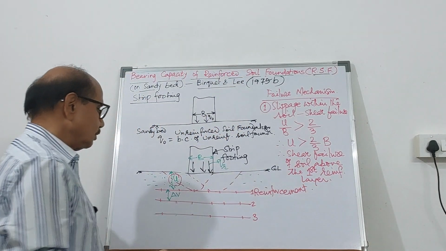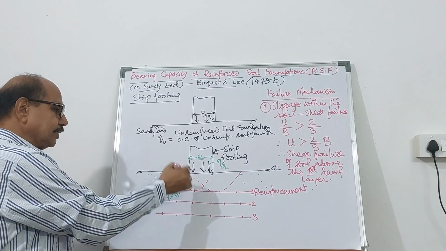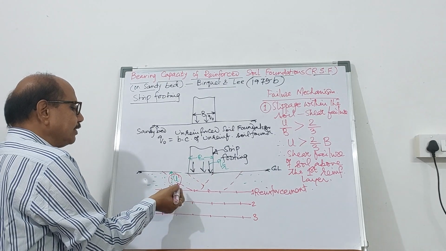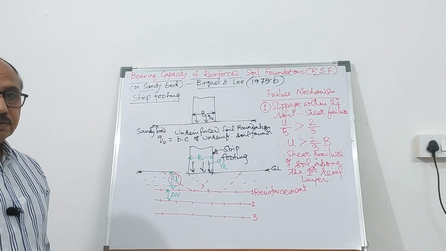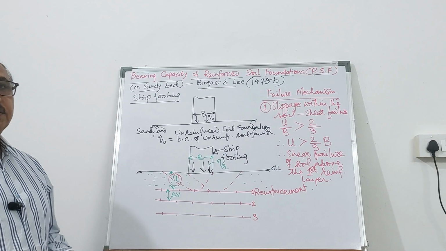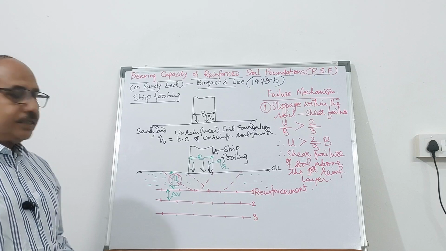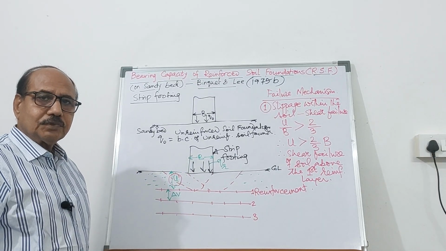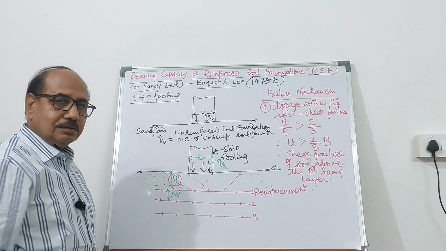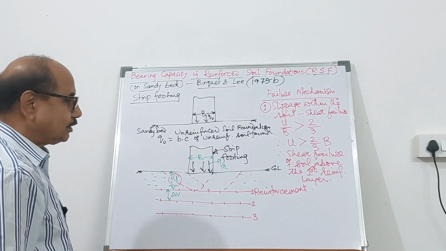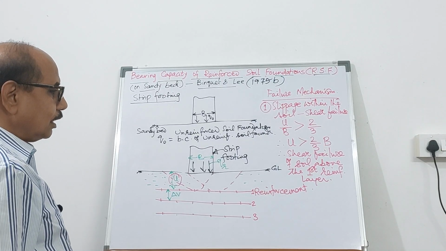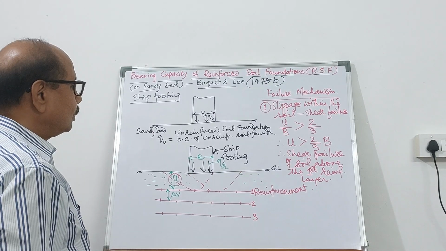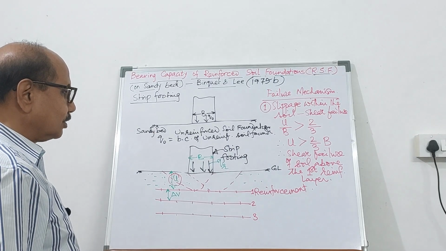So friends, if this distance exceeds 2/3 of B, you will not have any interaction of the reinforcing layer. It doesn't improve your load carrying capacity. It just appears that it is a rigid body below and the soil is going to fail. So this criterion is called slippage within the soil, shear failure.